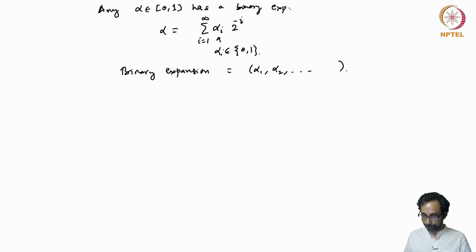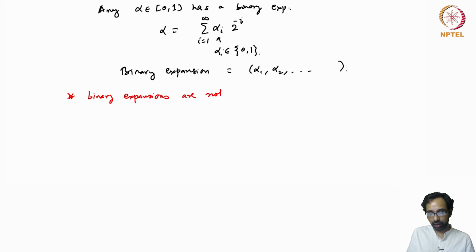Now notice that binary expansions are not unique in general. Why is this so? Because you can write the number 1 with binary expansion simply as 1, but this is equal to the binary expansion given by the sum from i equal to 1 to infinity of 2 to the power minus i.